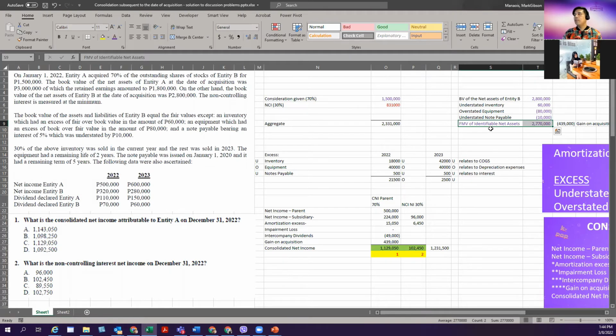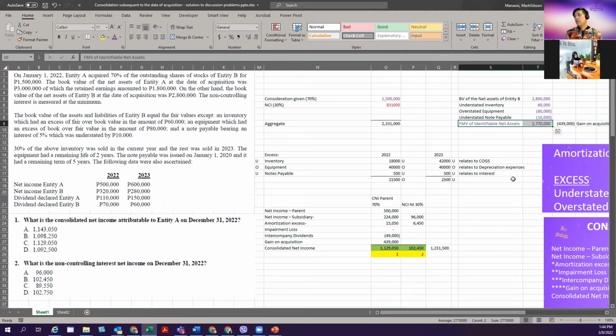So meaning these are all your assets and liabilities in the balance sheet which are identifiable. Kasi meron tayong isa pang yung mga intangible assets, especially goodwill. So the goodwill is unidentifiable asset, so we have to exclude that in the calculation. Okay?